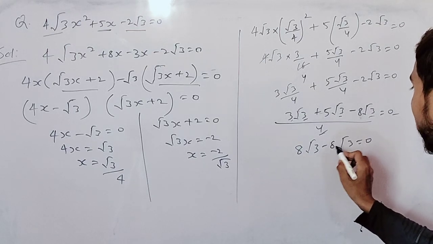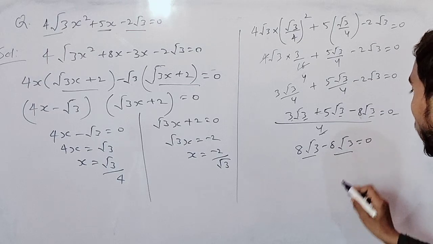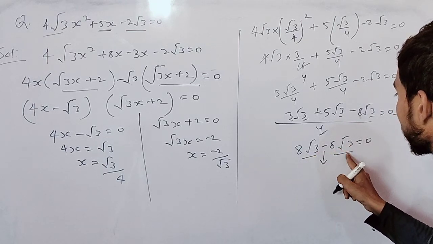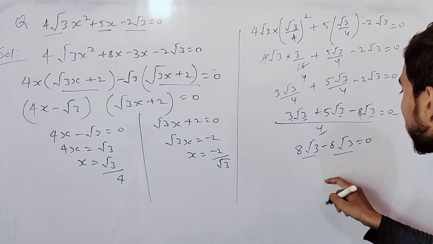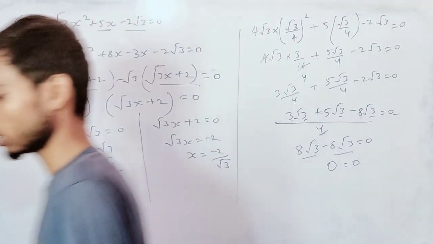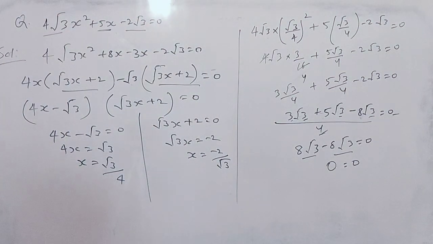Here 8 minus 8, so both are equal, and it is saying subtract this from this, so both are the same, that's why it is 0. Here both sides are equal, that's why our answer is correct.